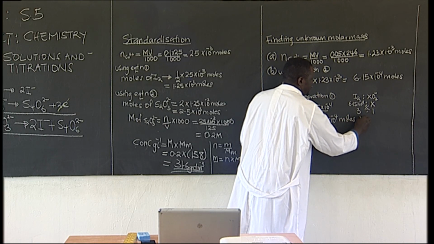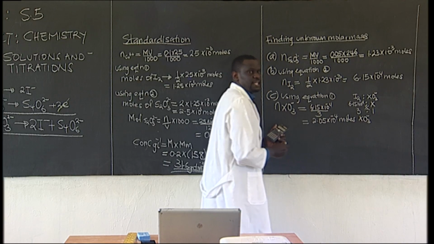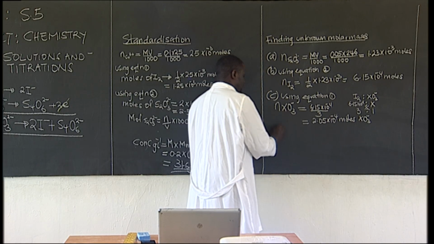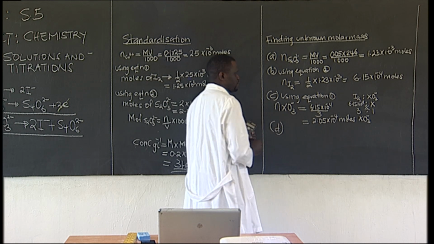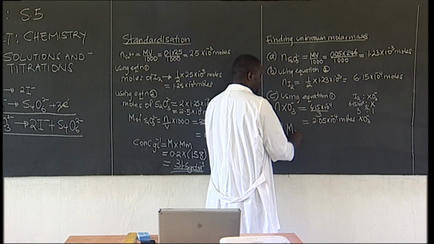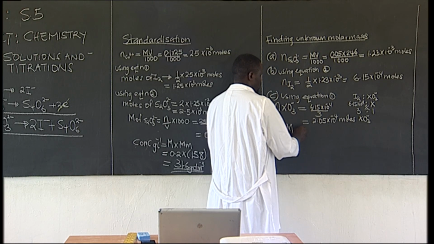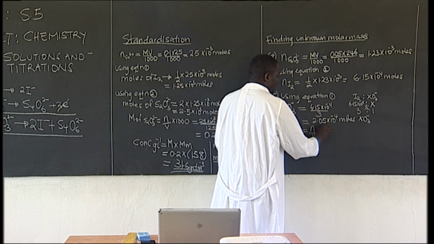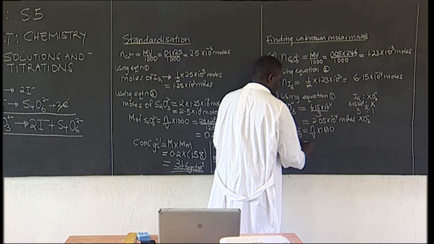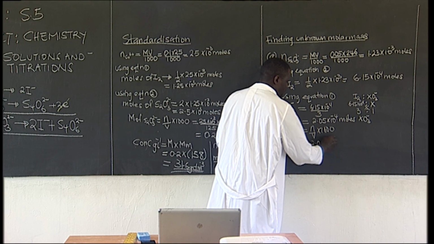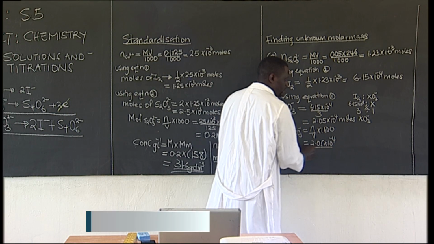of this one. So after getting it, we get the molarity. Hope you are following and you're enjoying our lesson. So the molarity of this one will equal the number of moles over volume times 1,000. So we have the moles times 10 to the power negative 4 divided by the volume.